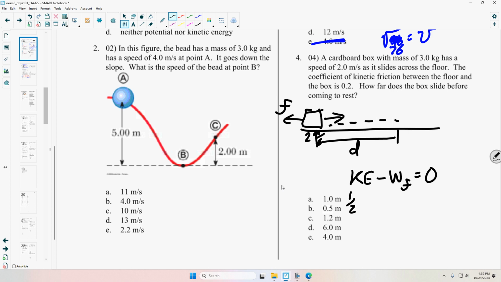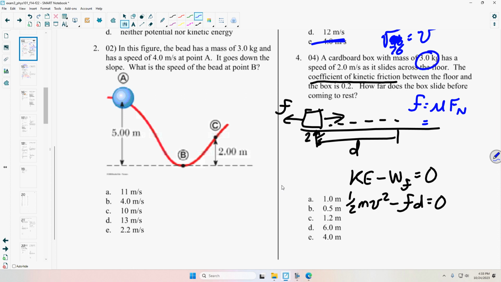So it's going to be 1/2 mv squared minus the frictional force times the distance is going to be equal to 0. Now, you have to do a little work here in order to find the frictional force, because I only tell you the coefficient of kinetic friction. So to find the frictional force, I know that that's equal to mu times the normal force. Because this is on a horizontal surface, the normal force is equal to the weight.